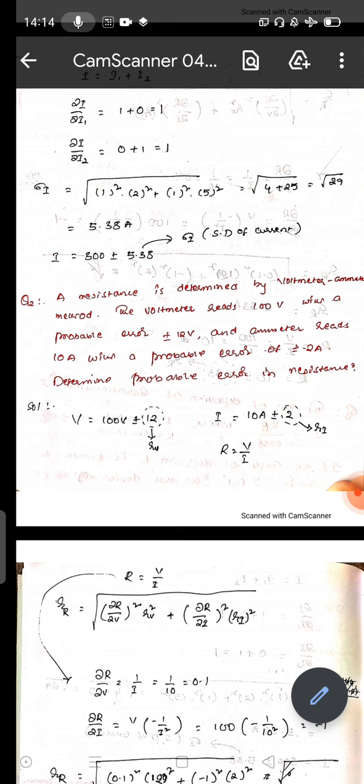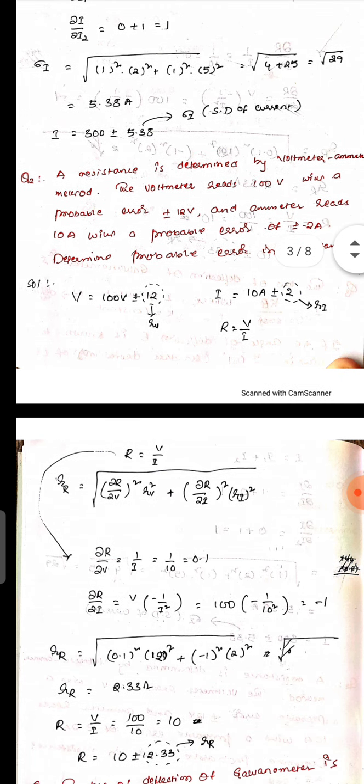That is all that was done: delta R by delta V and delta R by delta I. You substitute the values and you will get the ultimate result of 2.33 ohms. By observing the question and the values, you will directly get it.